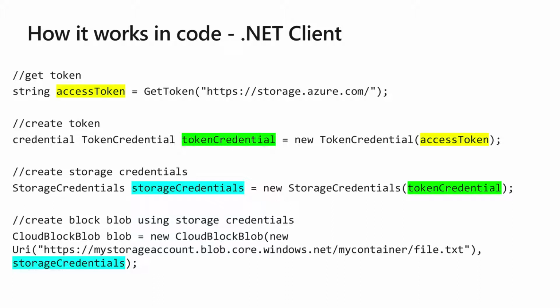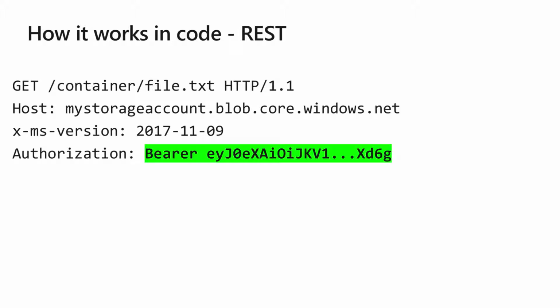And now in storage, we just have a new kind of token credential that takes an access token. Now you can just access your storage account using that token credential. So it just integrates into the code you already have for Azure Storage. If you want to look at how this works at the REST layer, we're essentially passing a bearer token in the authorization header, the same way you would when talking to Azure Resource Manager, for instance.